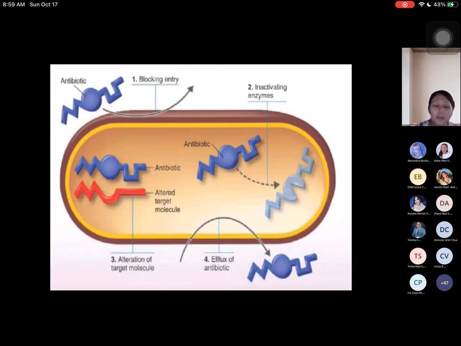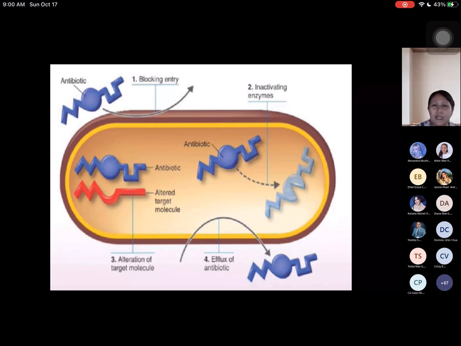So there are four mechanisms in which certain bacteria or microorganisms may gain resistance to antibiotics. It has four main mechanisms of microbial resistance. First is the blocking entry.